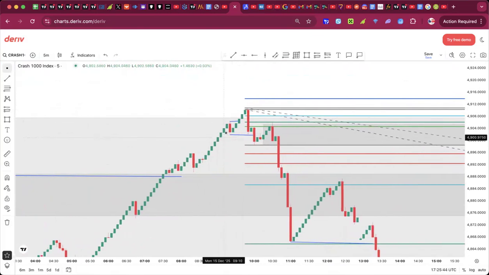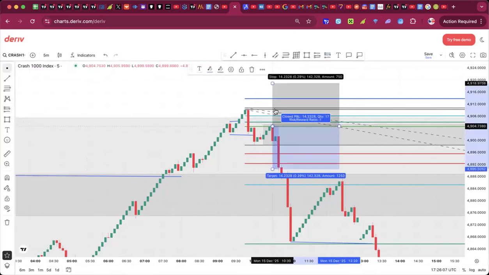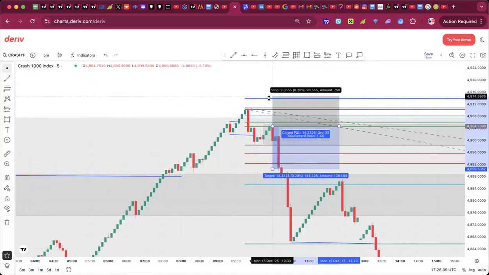So what happened here? There's another other block here, but there is a fair value gap. But look at it. The most important aspect is this fair value gap. Remember I said I take like 3 positions, at 50, at 60, at this. So that means if we take at 50, stop loss above here.